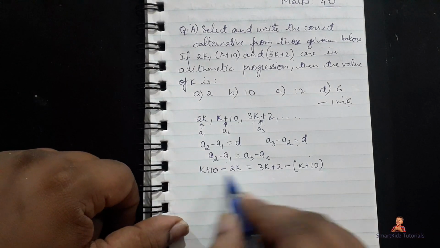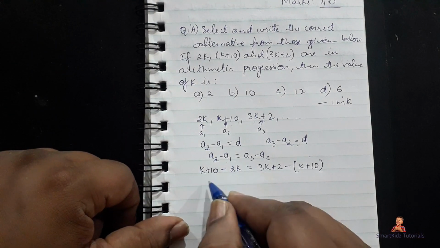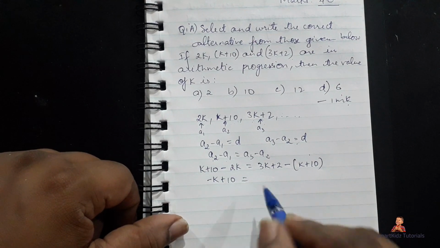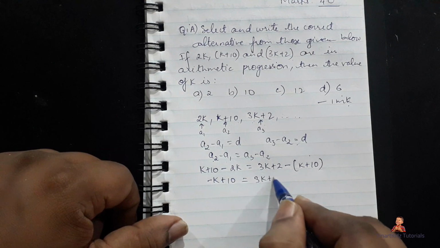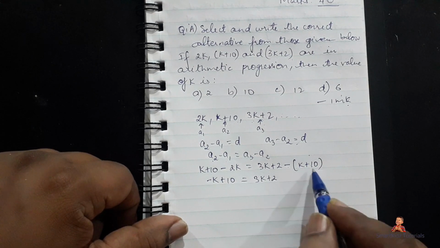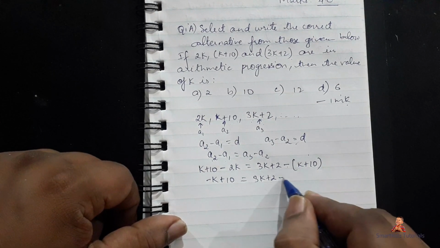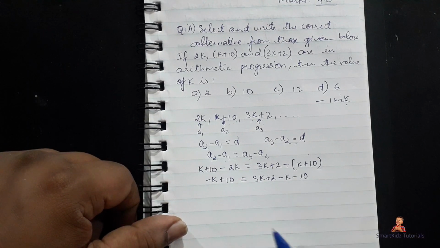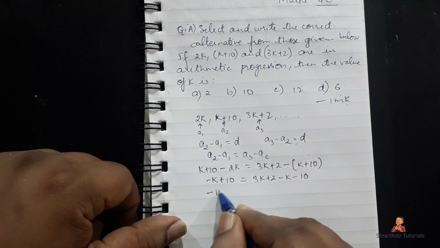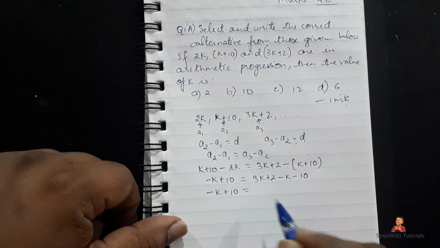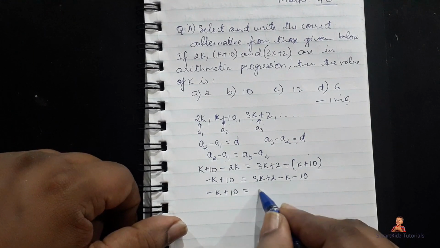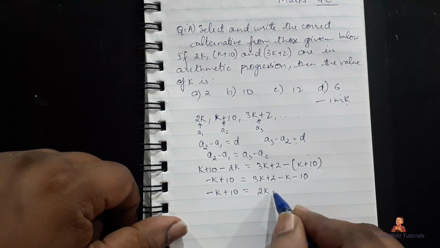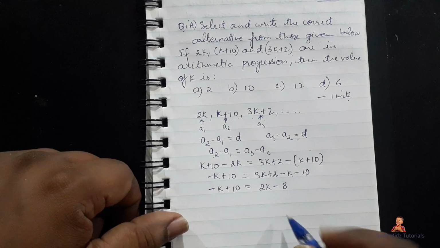Next we solve further. k minus 2k will give us minus k plus 10, equal to 3k plus 2, and now we'll put the minus sign inside, that means open the bracket. This will become minus k, and that will become minus 10. Now minus k plus 10, I'll leave it the way it is. 3k minus k gives us 2k, and positive 2 minus 10 will give minus 8.